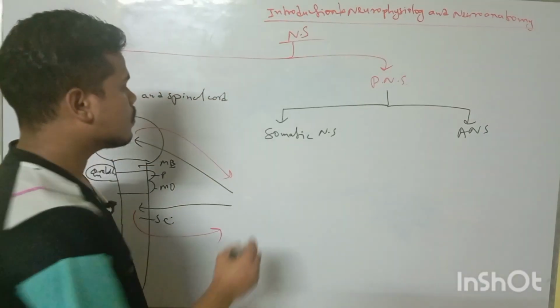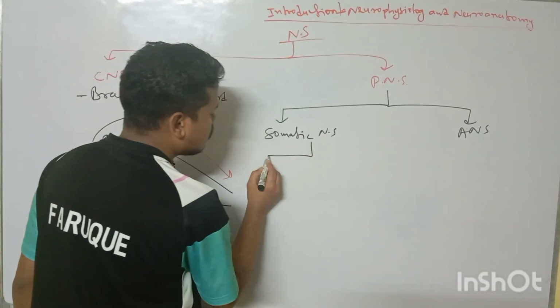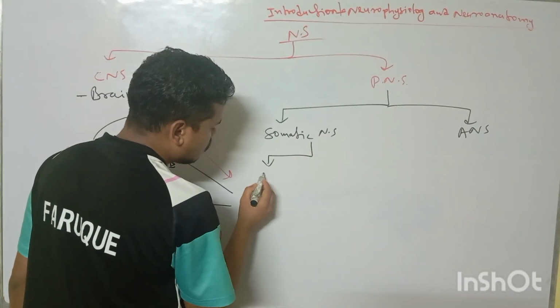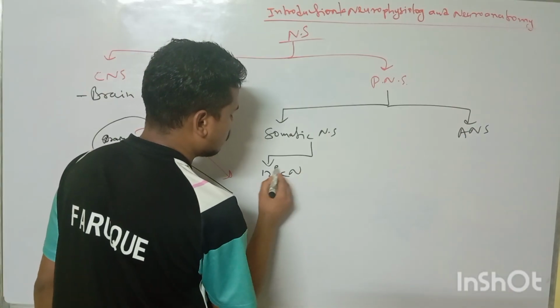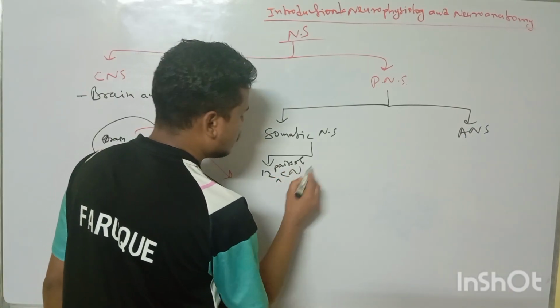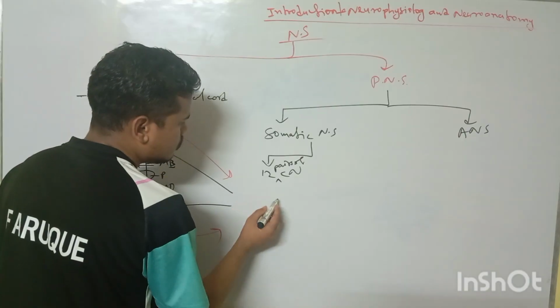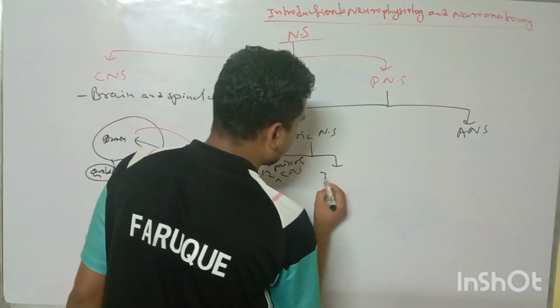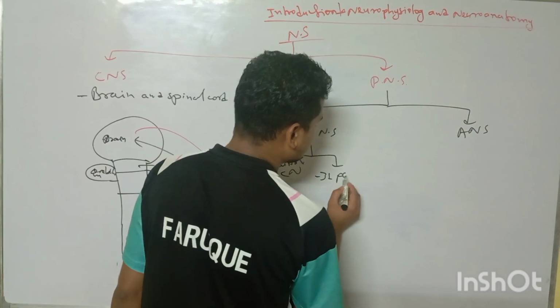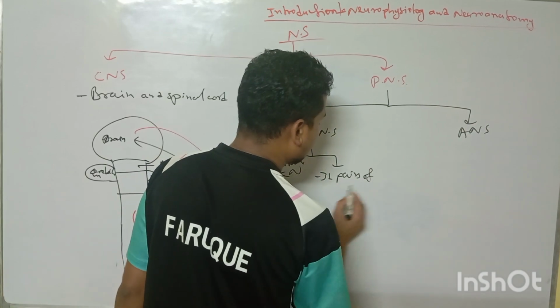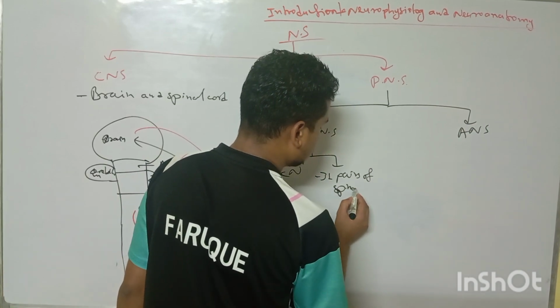The somatic nervous system will include 12 pairs of cranial nerves and, in the case of humans, 31 pairs of spinal nerves.